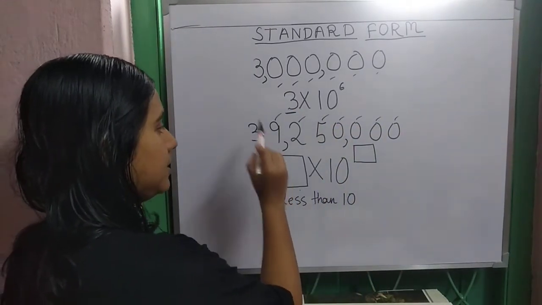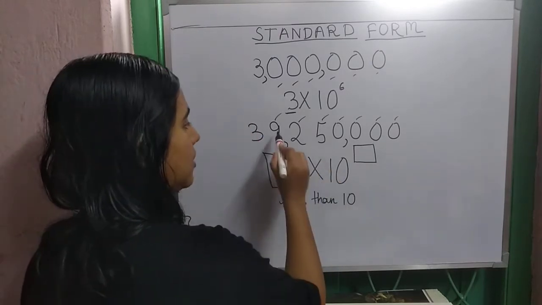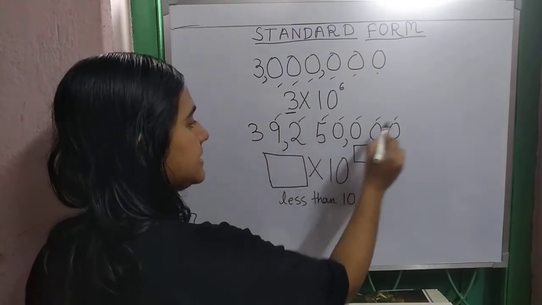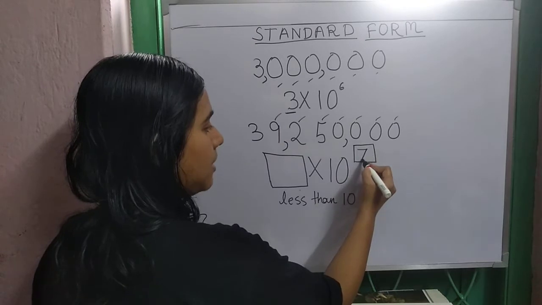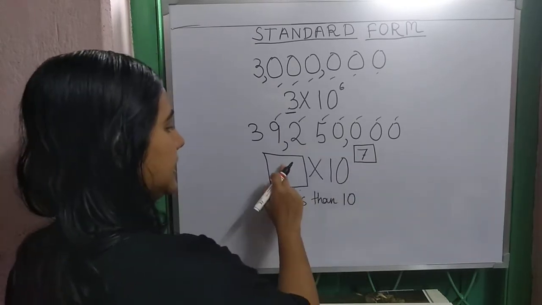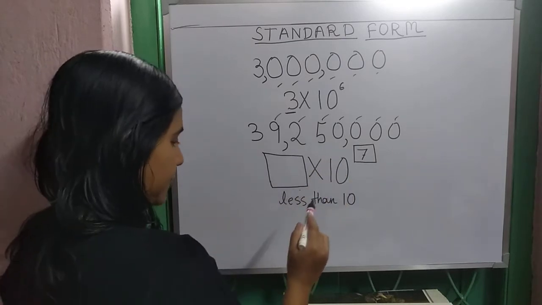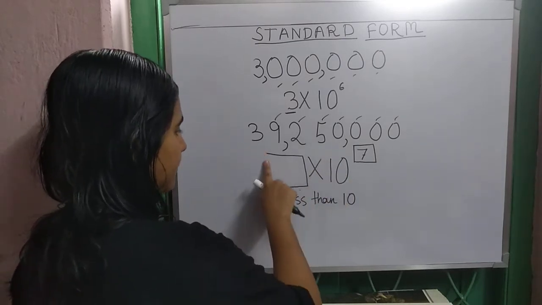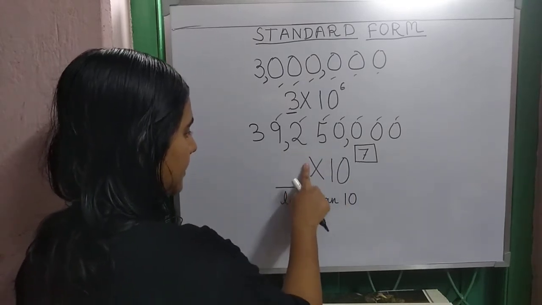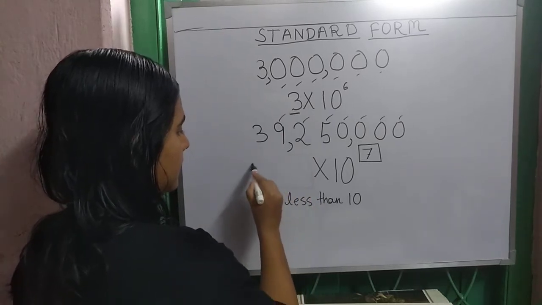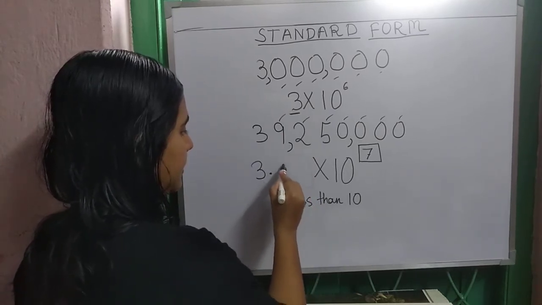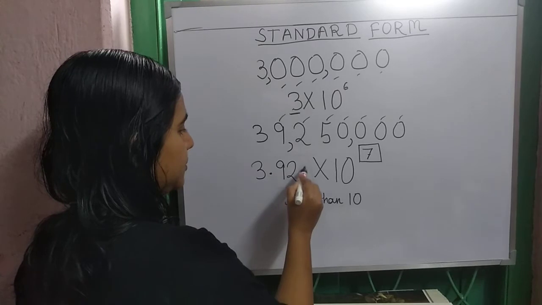So the decimal will be here. So 1, 2, 3, 4, 5, 6, 7. So this will be 10 to the power 7. And this number will become 3.925.